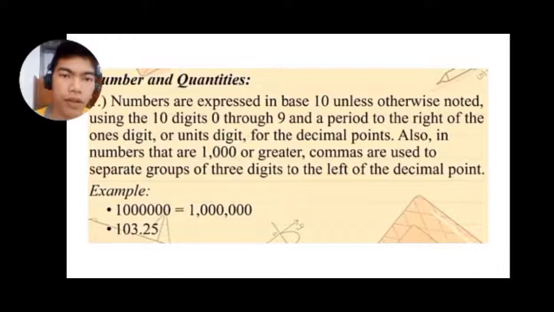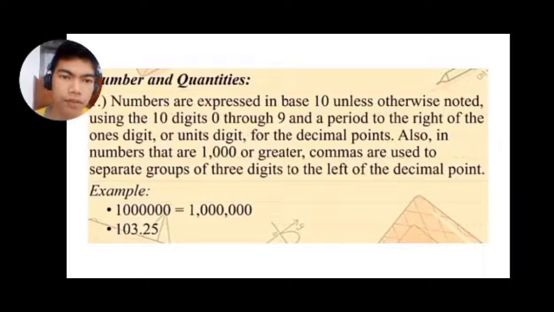For example, ito pong 1,000,000 na may comma na. Parang divide po siya sa kada 3 digits. Tapos, comma po, from the left digits to the left of the decimal point. Mula sa right pa-left. So, sa decimal naman po is ito po, 103.25.